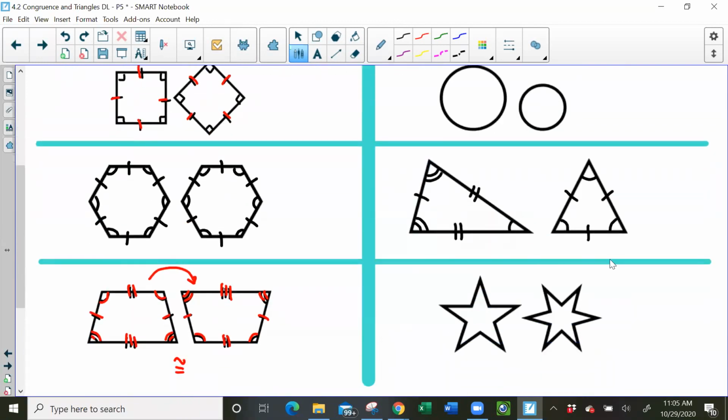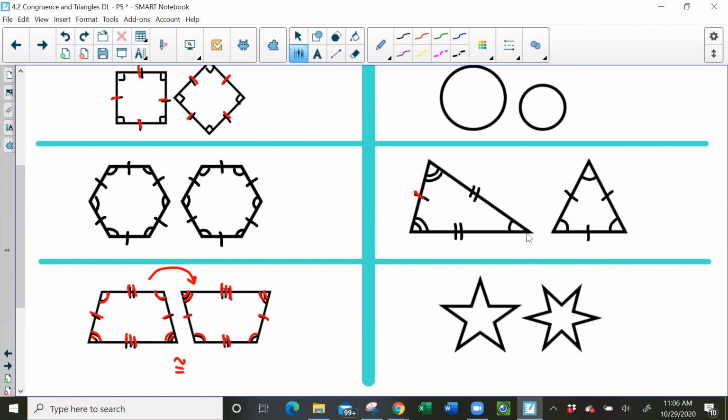But let's look at the second one. These 2 triangles, they're both triangles, but they're not the same size, they're not the same shape. Corresponding parts are not congruent. So in the second one here, all of the sides are congruent to each other, but this one here is the only one with 1 tick mark.